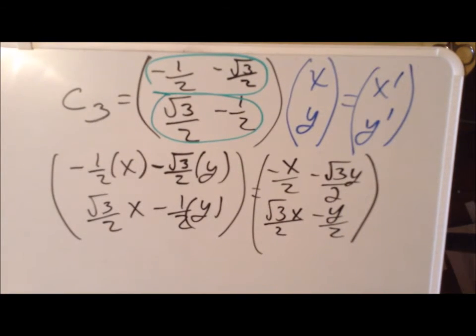So when we are examining a molecule and we're looking at its symmetry operations, one of the most important things that we need to do is to identify all the rotational axes and then classify which of those rotational axes has the highest order, which has the largest number here. So this is a third order or a threefold rotation.